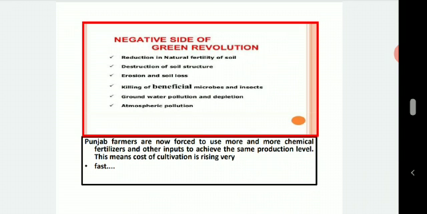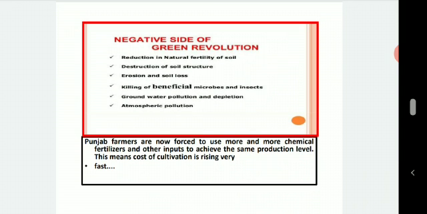It killed beneficial microbes and insects, caused depletion of groundwater, pollution of underground water, and contaminated the water sources. There are so many points. Just remember, in case there is a question pertaining to ill effects or disadvantages of the Green Revolution, you will be free to mention the number of points needed.